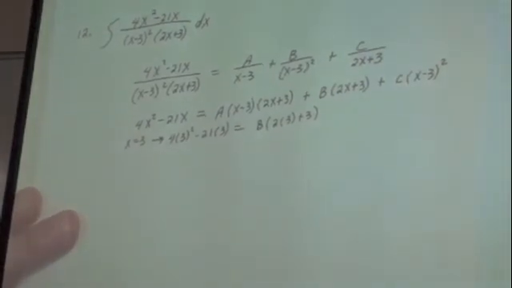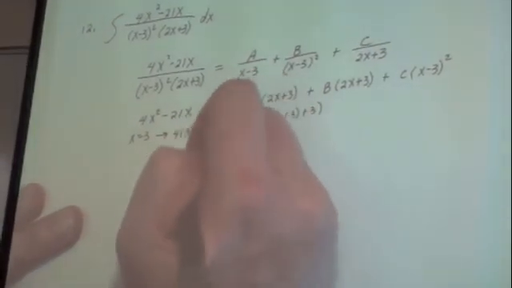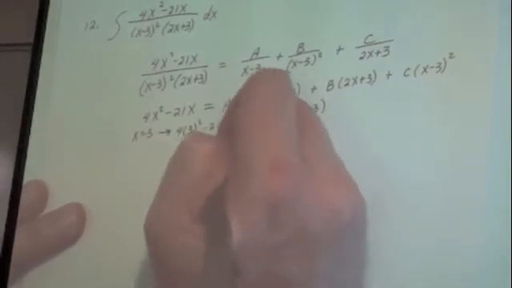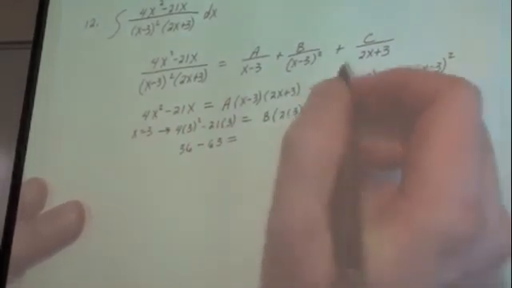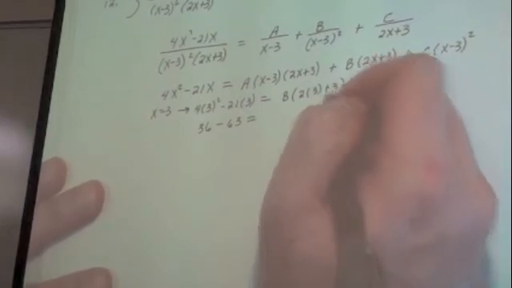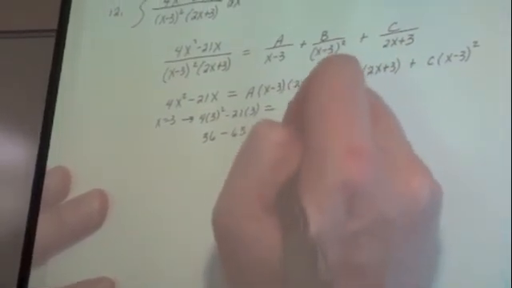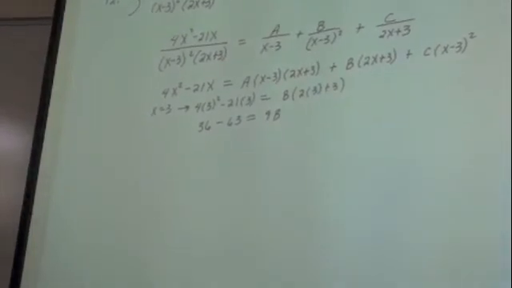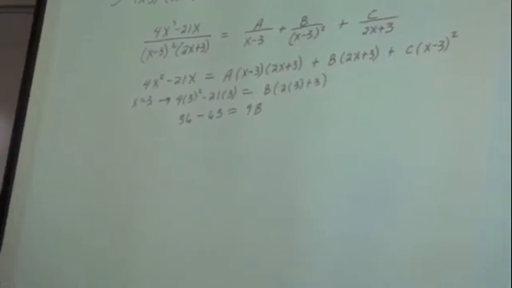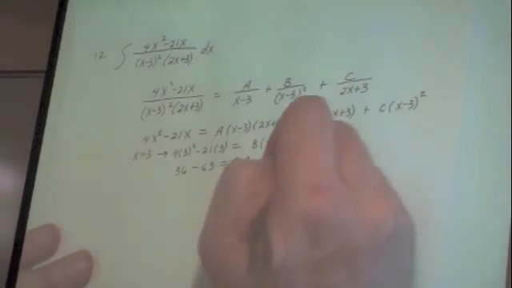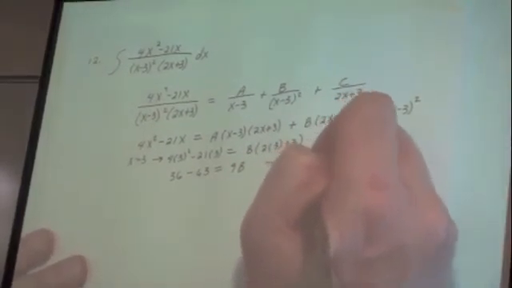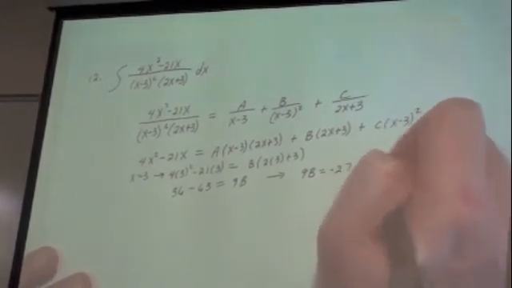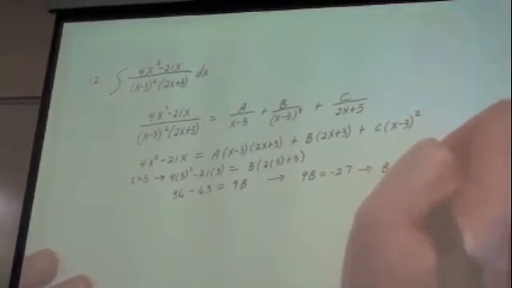So on the left-hand side, I have 4 times 9 is 36 minus 63, is equal to 6 plus 3 is 9b. So 9b is negative 27, thus b is negative 3.